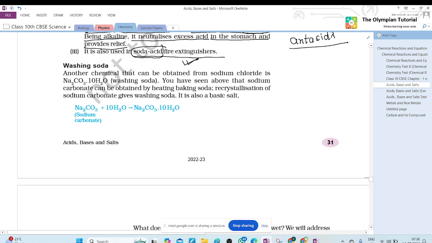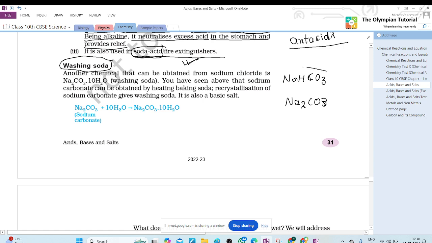Another chemical that can be obtained from brine solution is washing soda. Students, when I was a student, frankly speaking, many times I faced confusion. NaHCO3, its general name, chemical name, formula, we should know all the things. And Na2CO3. If you can learn easily, that's good, but I'm telling you my experience.